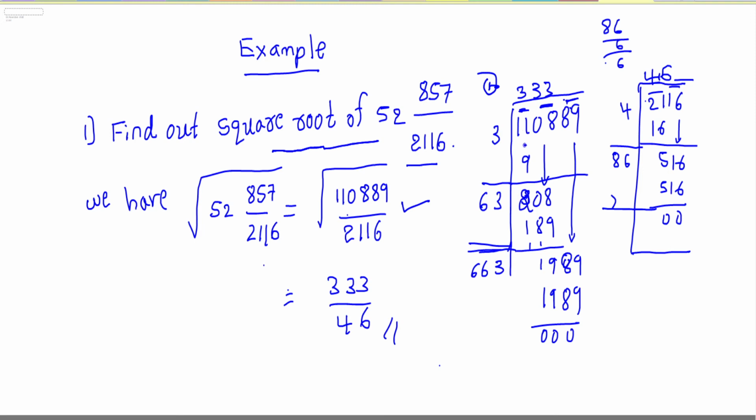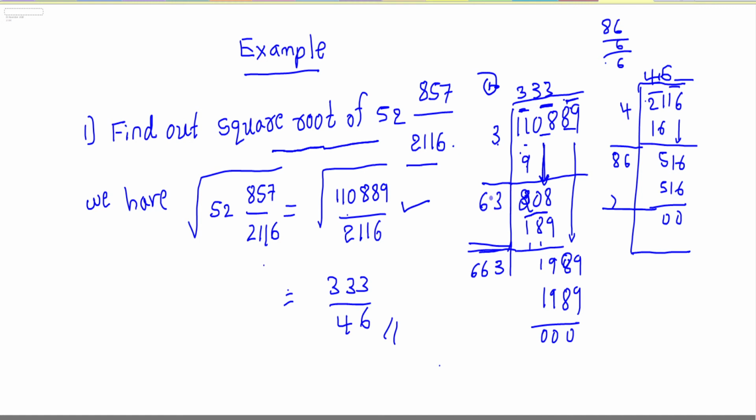This is called the first period, this the second period, and this the third period. We think of a number whose square is less than or equal to the first period, that is 11. Therefore I can take 3 into 3, that is 9. Then we subtract this product from the first period, you get 2, and you bring down the second period, so the dividend becomes 208.